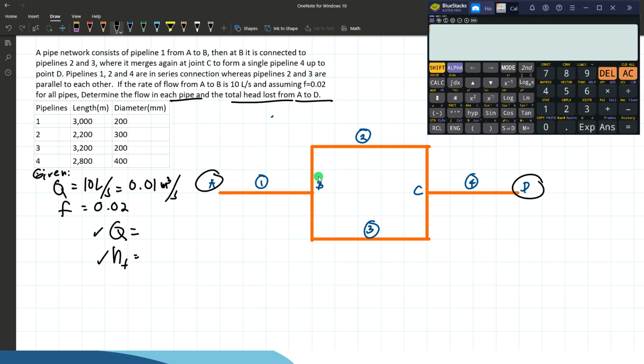So I think here in solving pipe networks, it is easier as compared to circuits. So going back here, we are required to determine the flow rate in each pipe.